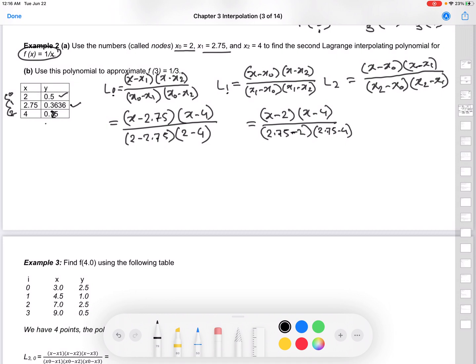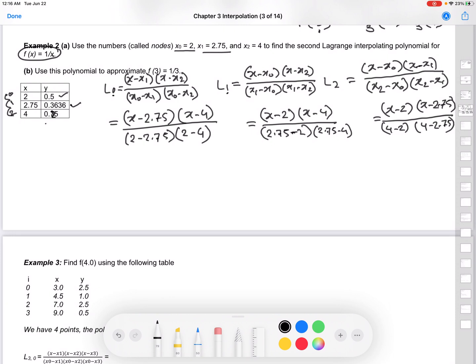So what is L2? L2 is equal to x minus x0, so x minus 2, x minus 2.75, dividing by x2 is 4, so 4 minus 2, 4 minus 2.75.